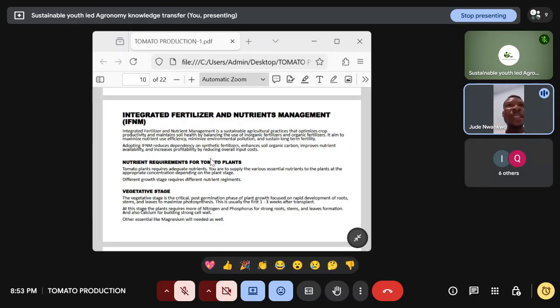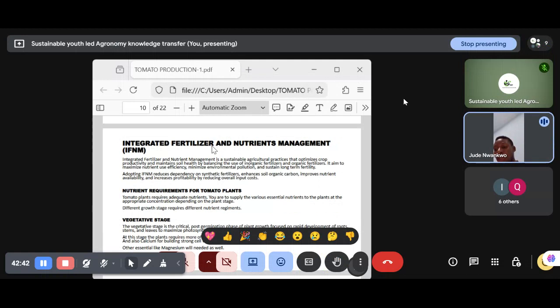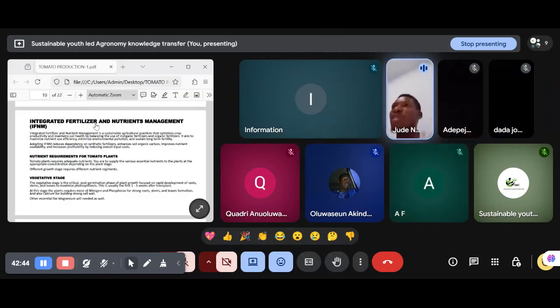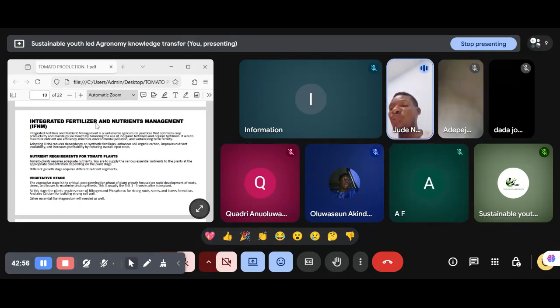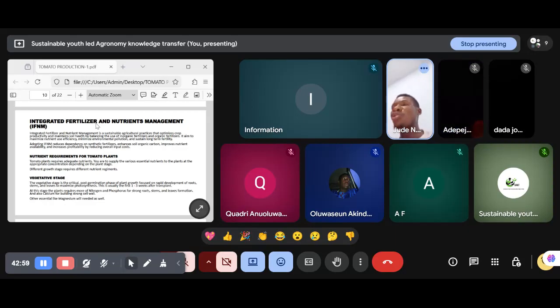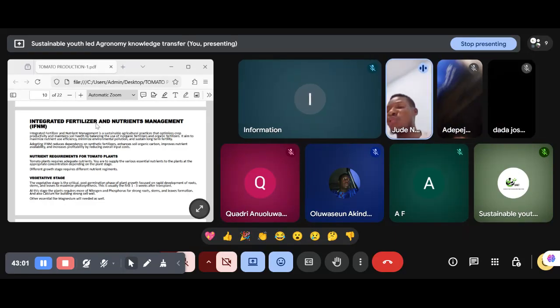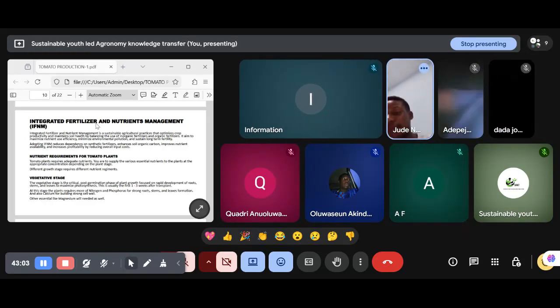To help the plant withstand environmental issues, some diseases, and pests. It's just like human beings: when your immune system is very strong, you're able to withstand some diseases and illnesses. The same way, your plant also needs strong cell walls to be able to withstand issues that will come later.